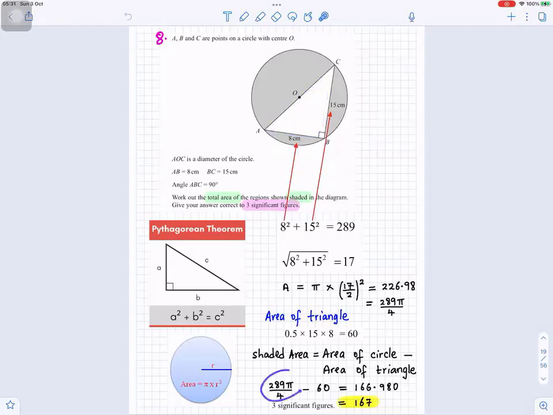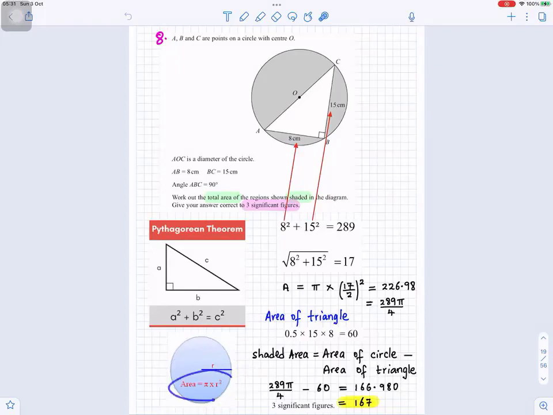Area of the circle is 289 pi over 4 minus area of the triangle, which is 60. And that gives you 166.980. So to 3 significant figures, it is 167.